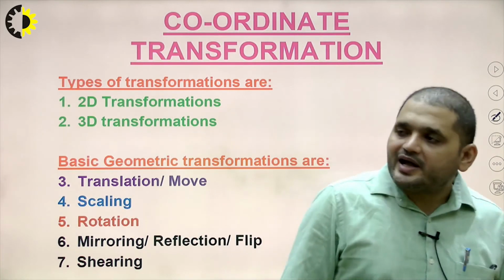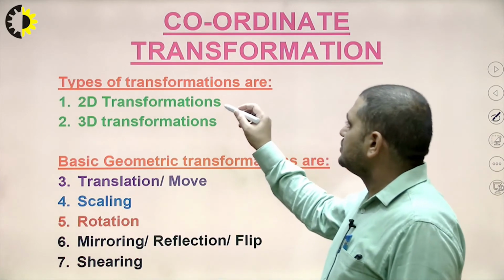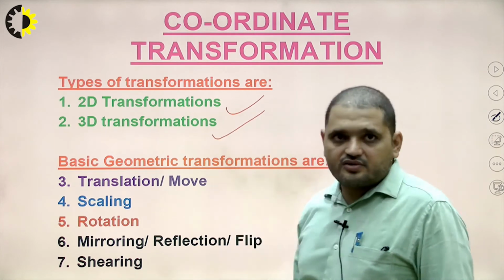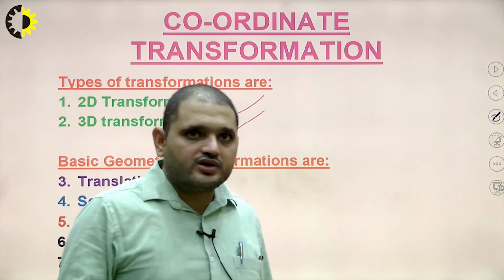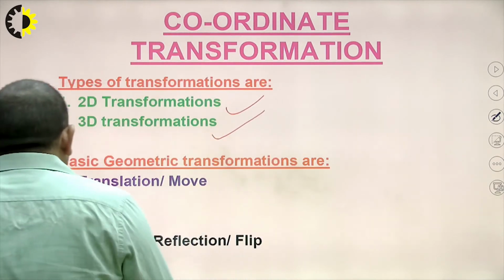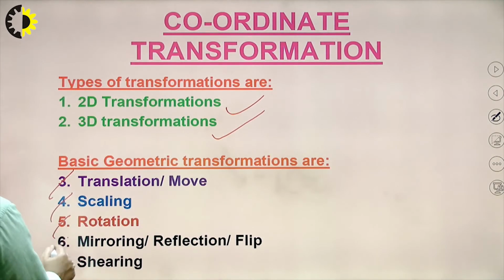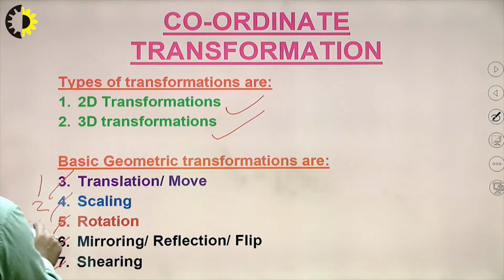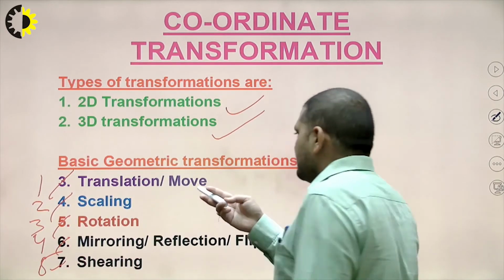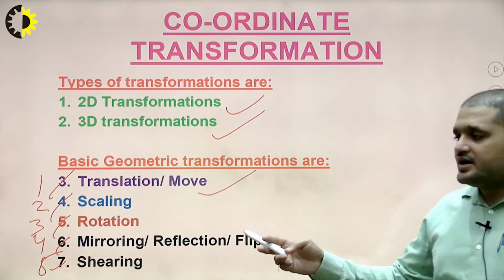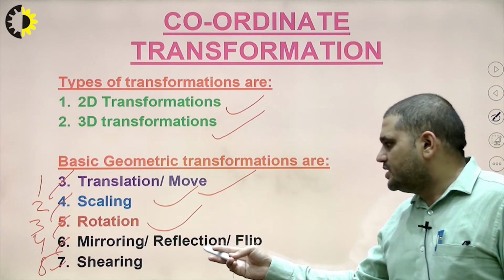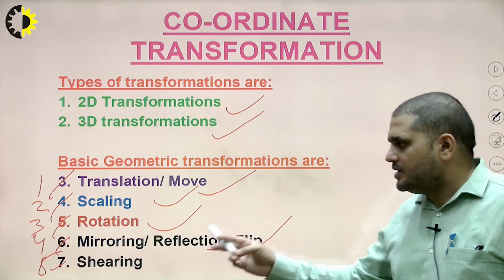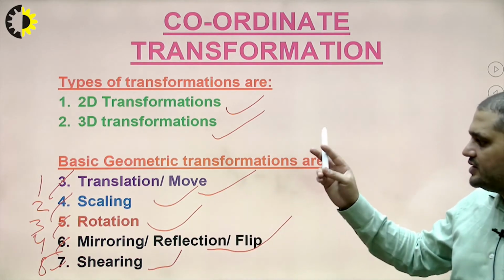So there are two types of transformation. First is 2D transformation and second is 3D transformation. The basic geometric transformations which involve this 2D or 3D transformation are, sorry, this numbering is wrong, it will be 1, 2, 3, 4, 5. First is translation or move, second is scaling, third is rotation, fourth is mirroring or reflection or flip, and fifth is shearing.